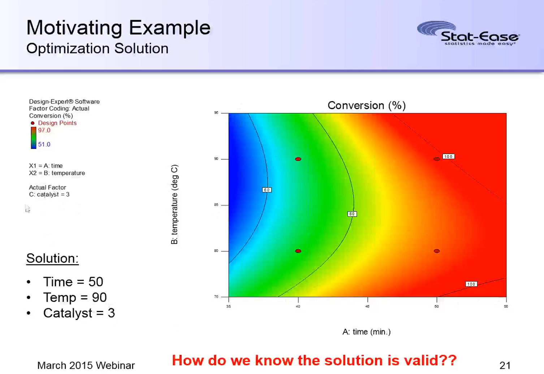Why do I set the catalyst to 3? The reason is I can't actually draw another axis here. So I see that as time gets larger, and as temperature gets larger or smaller here, it looks like I get a better conversion.